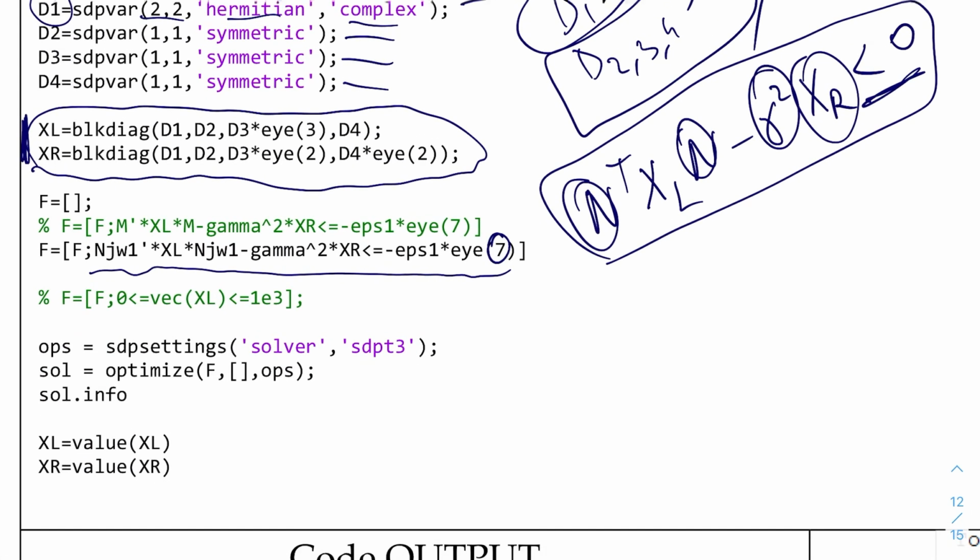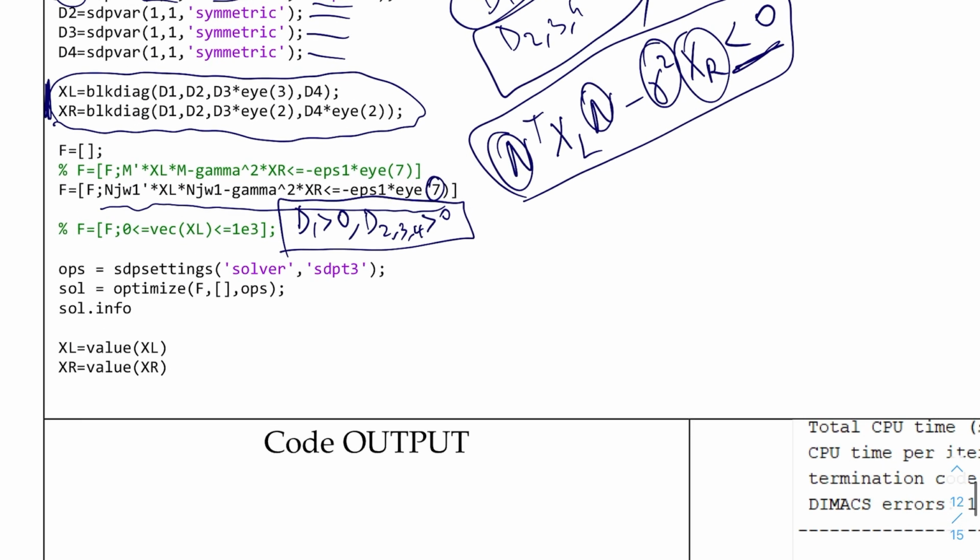Since this is 7 by 7, this is annoying at this moment because we also need to state D1 positive, D2, D3, and D4 being positive too. However, MATLAB and YALMIP together give me the correct result.